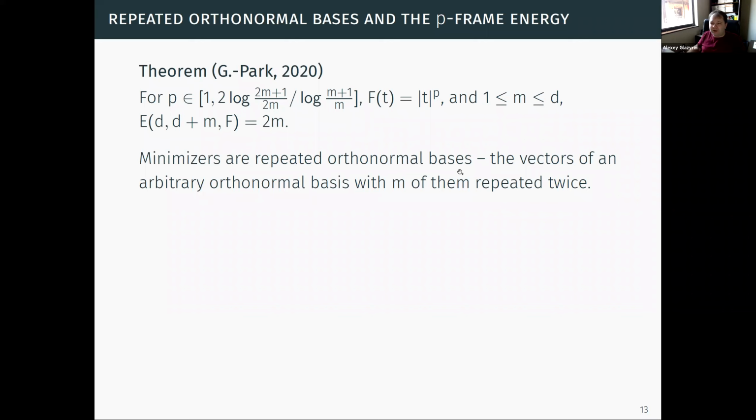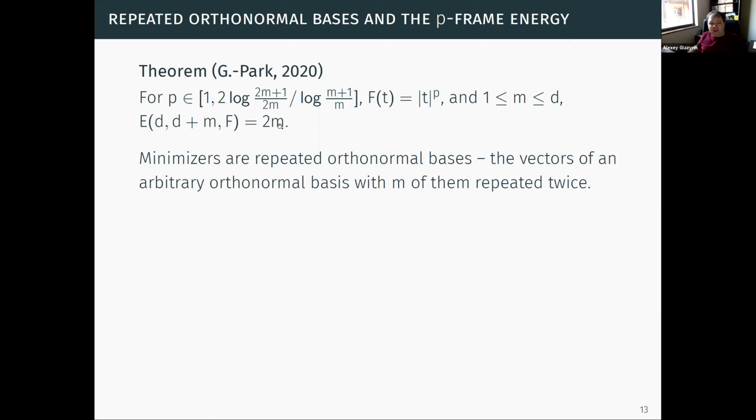There are other situations where your energy may be attained on a repeated orthonormal basis. There's an open problem of phase retrieval regarding the angles between lines, where you would expect something like that as well.